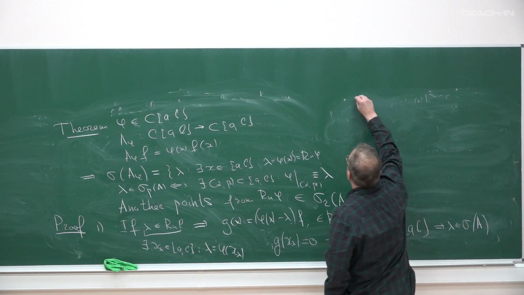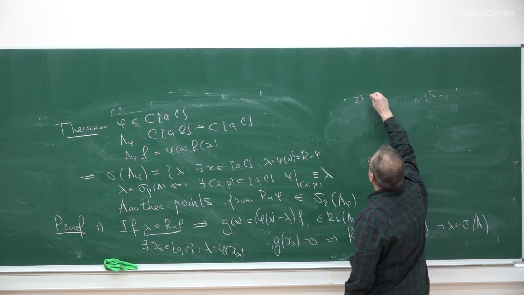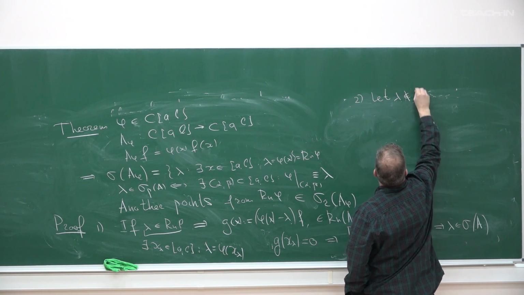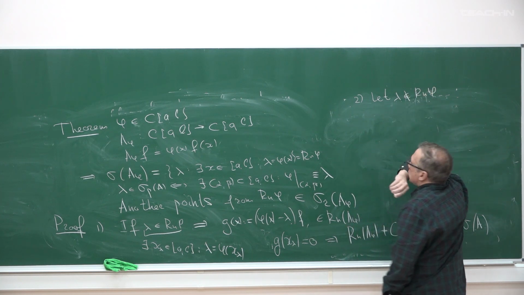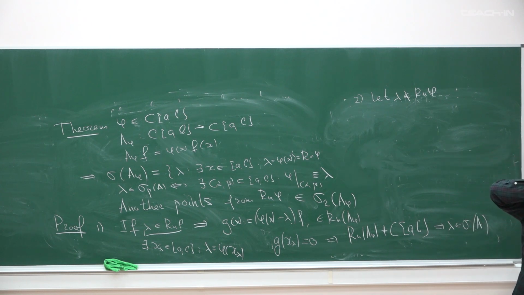Second, inverse. Let lambda be not from the range of phi. What we know about the set of values of function phi? It is the image of the closed set.